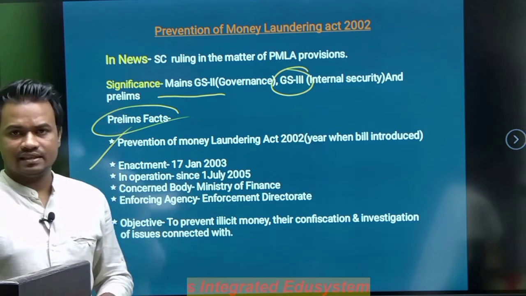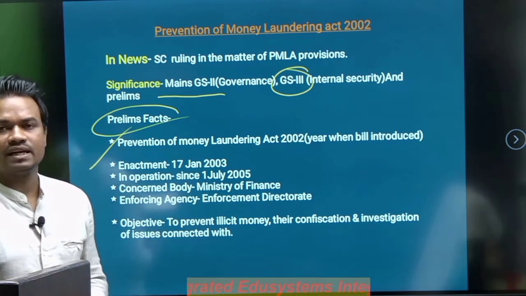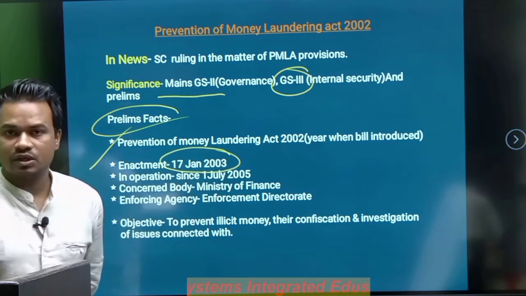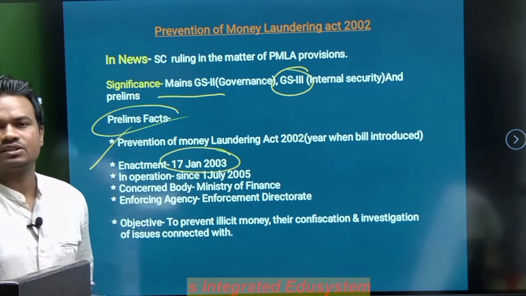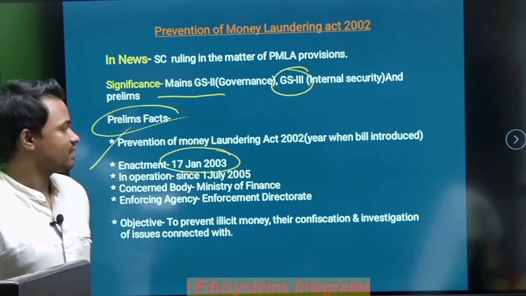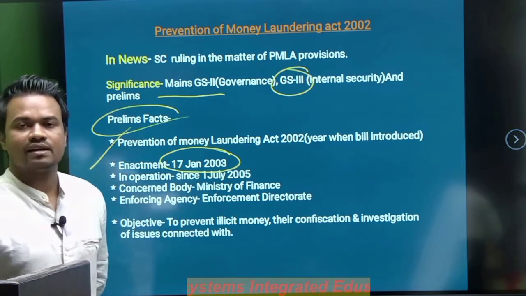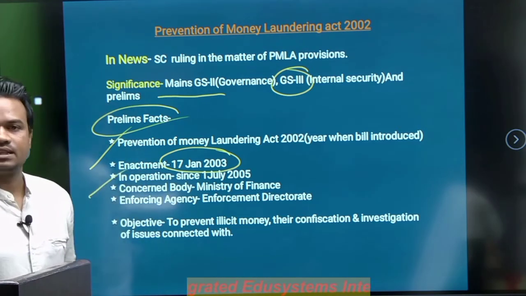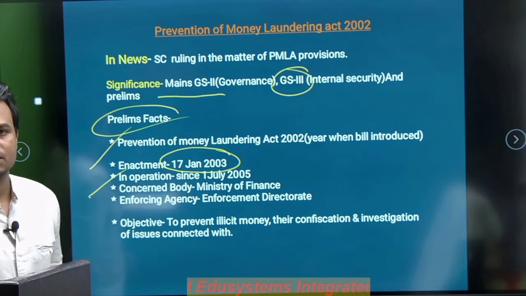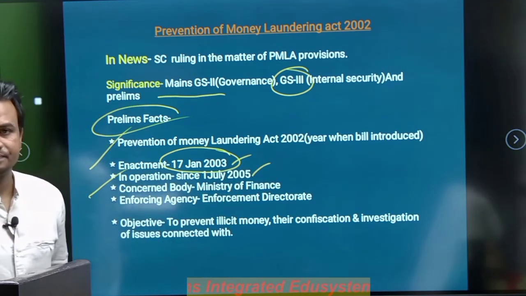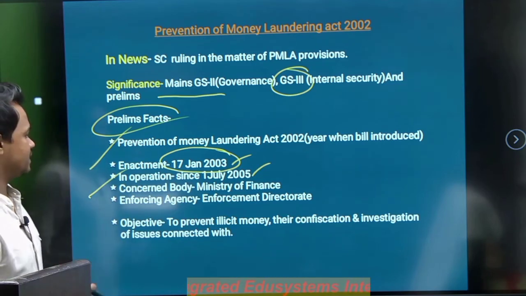The enactment of this act is from 17 Jan 2003, but the bill was introduced in Parliament in 2002, which is why the year is 2002. The second is that the operation of this act is since 1st July 2005. These may be the questions, or these need to be memorized for the preparation.